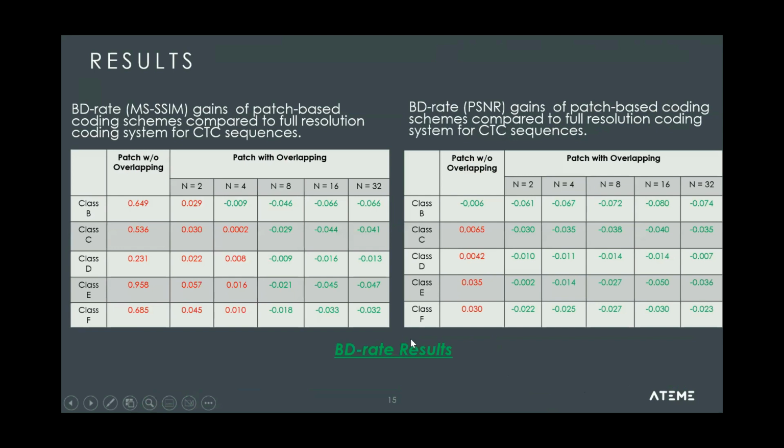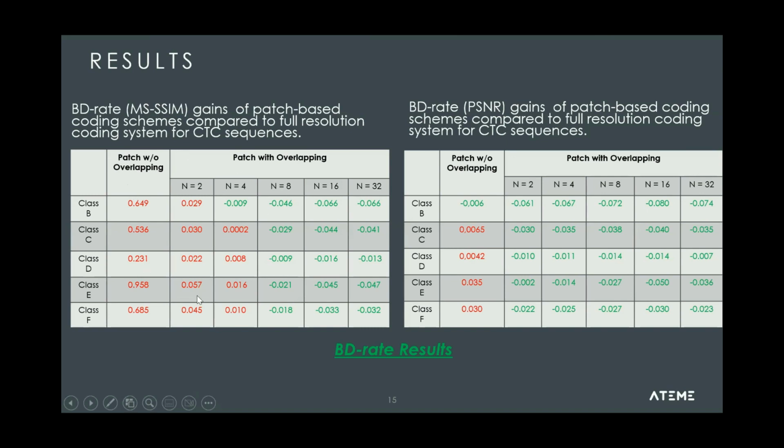So after that, we computed the BD rate gains of our method compared to the full resolution coding. And also we computed the BD rate of the patch coding without overlapping.